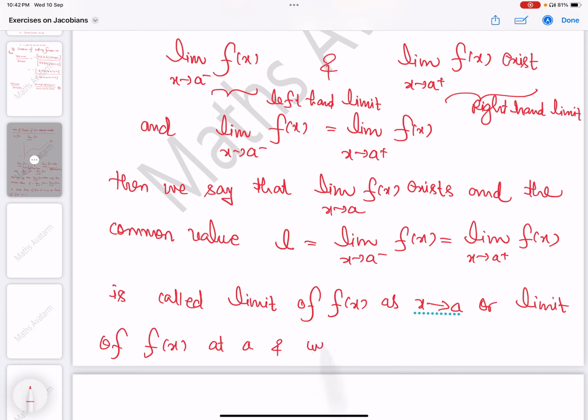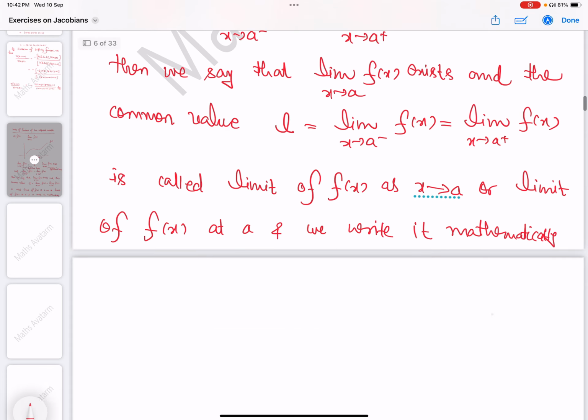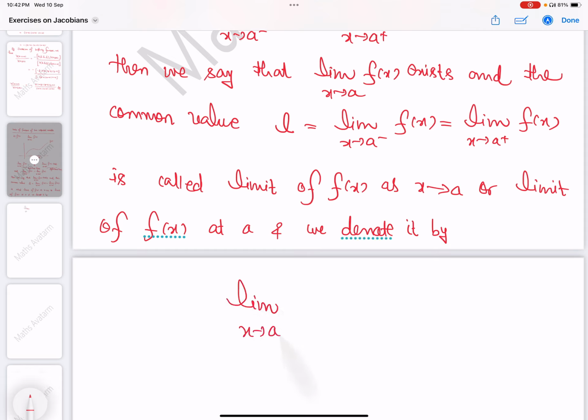And we write it mathematically, we denote it by the limit as x tends to a of f(x) is equal to L.